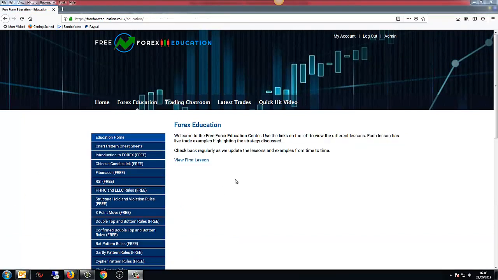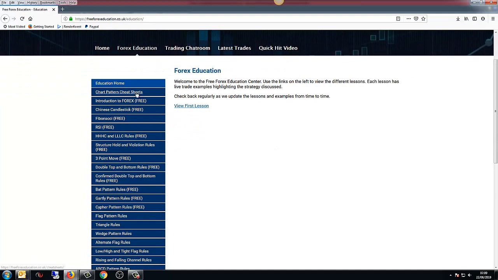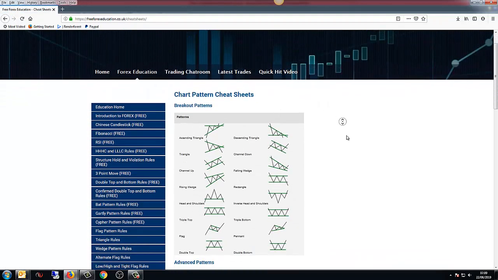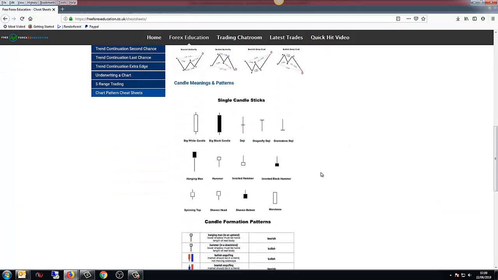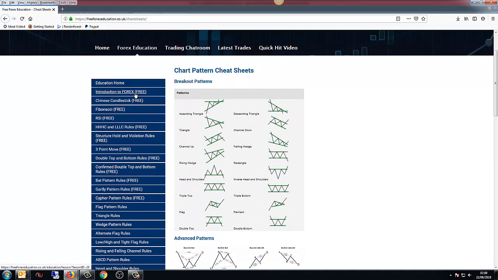Okay guys, I've just logged in using my username and password, and the first thing that you'll be taken to is the Forex Education. We have a list of education here, starting off with chart pattern cheat sheets and some candlestick formations and the meanings of them. And then we'll have an introduction to Forex.